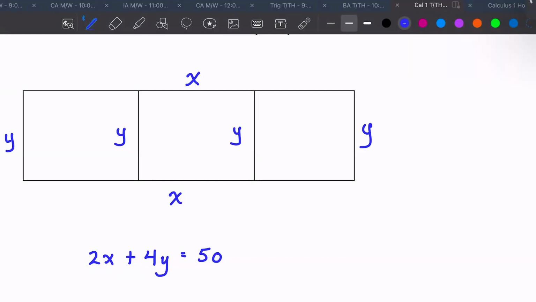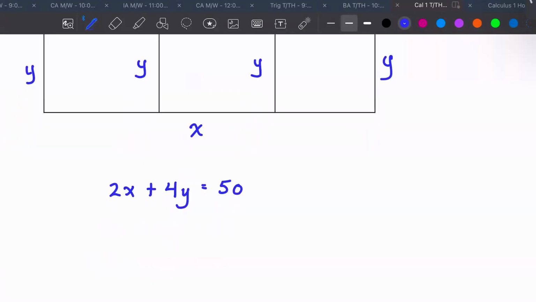So again, you could solve for X or Y. I usually just solve for X. I don't know why, but I do. So I would move 4Y over, and then divide each term by 2. X equals negative 2Y plus 25.